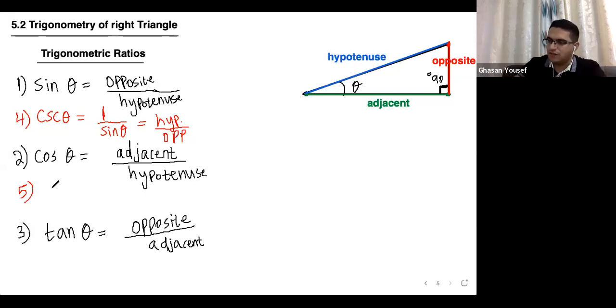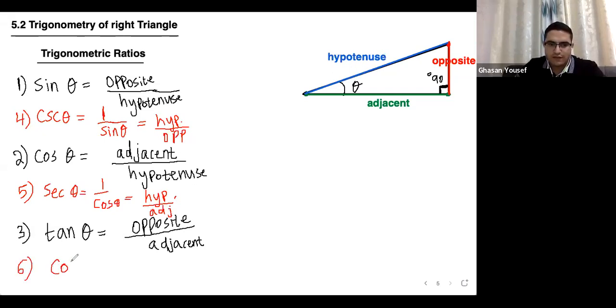Secant theta equals 1 over cosine of theta, and this equals the hypotenuse over the adjacent. And the reciprocal of the tan is cotan of theta, which equals 1 over tan of theta, and this equals adjacent over opposite.